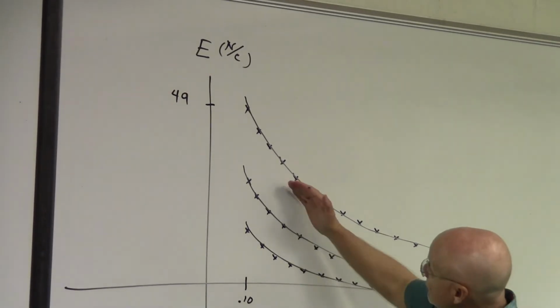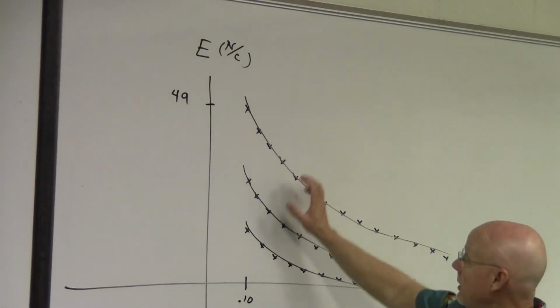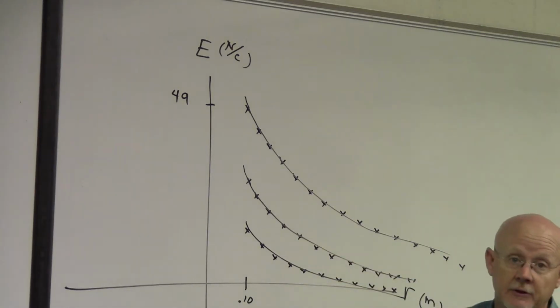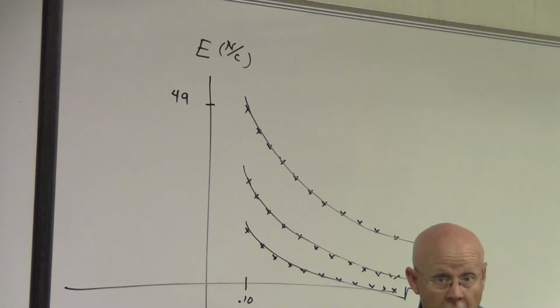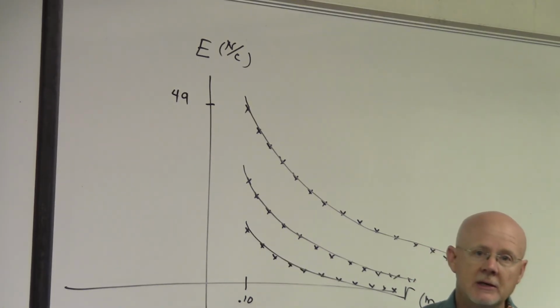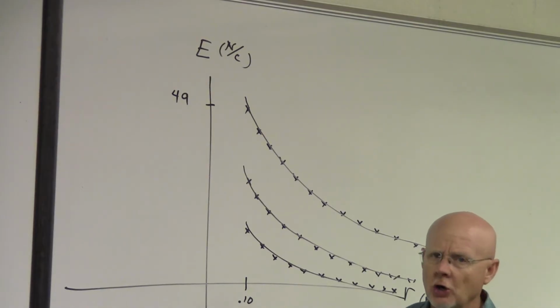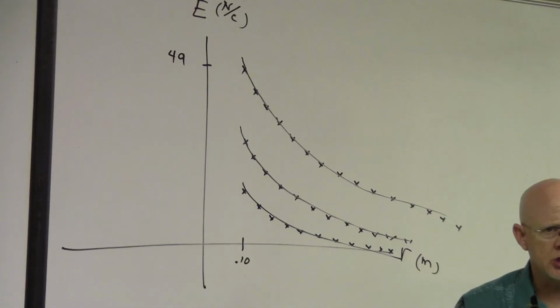But you can then also see that it's proportional to the charges, because this one is 3 times bigger than the first one, and this second one is 2 times bigger than the first one. But I think you can see it even better with the next graph we're going to do. This next graph shows it a little bit better, and it's something we like to do in science and engineering.